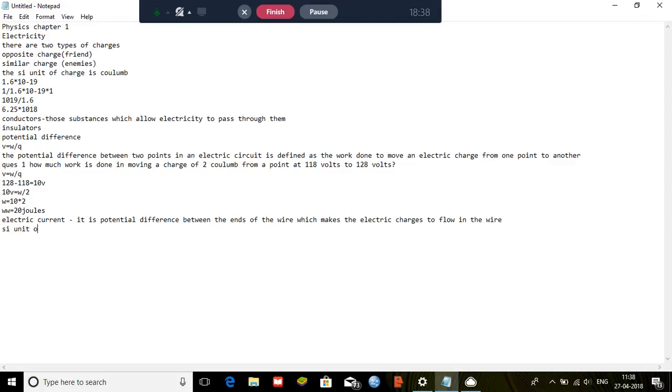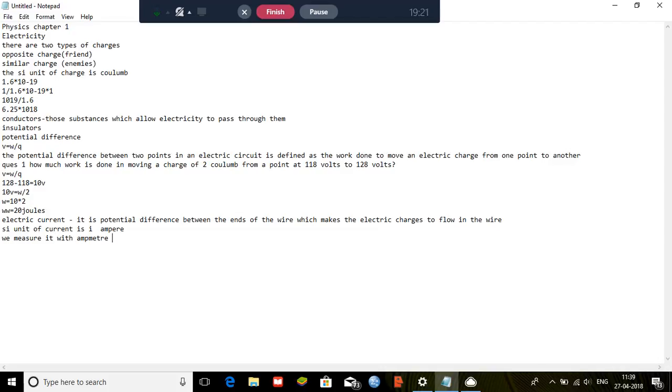The SI unit of current is ampere, and the symbol of current is I. We measure it with an ammeter.